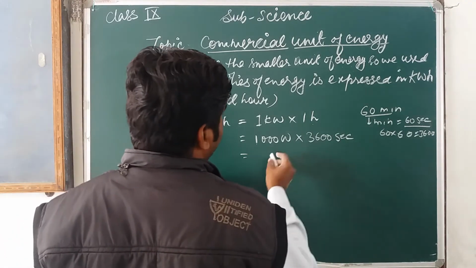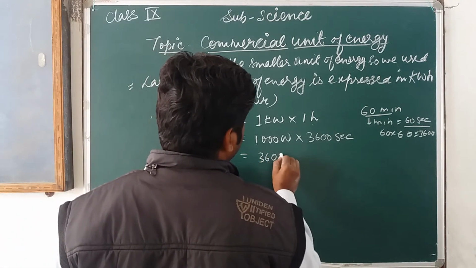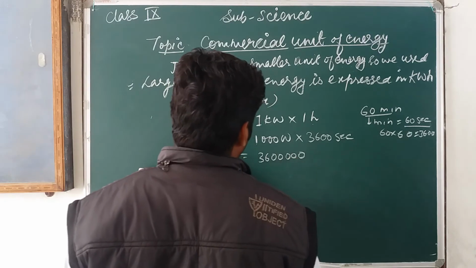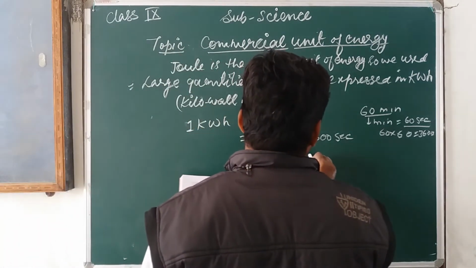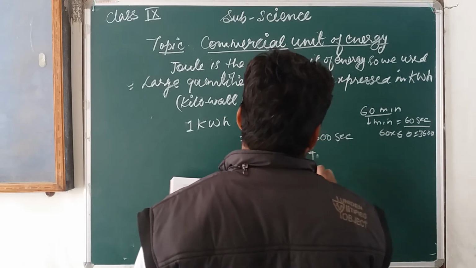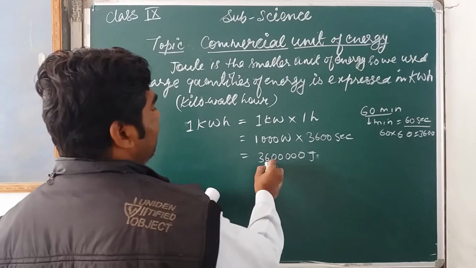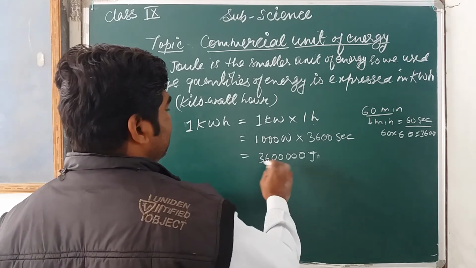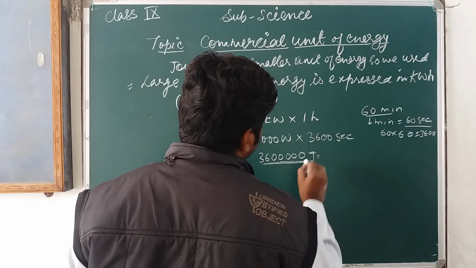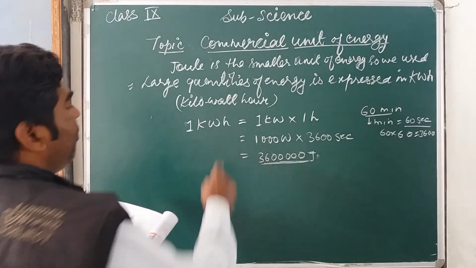So this is equal to multiplied 3600 and this is 30. So what is a joule? This is 36 lakh. So this is the energy consumed in 1 kilowatt hour.